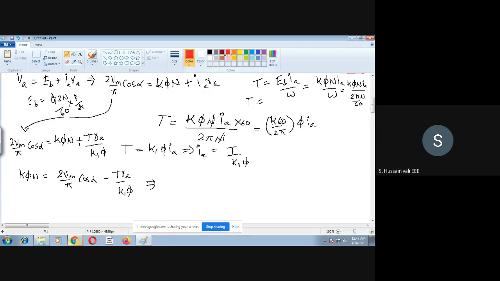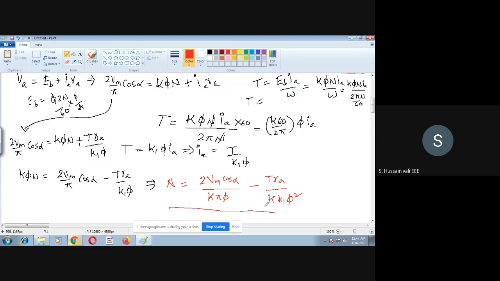So n is equal to Vm cos alpha by k pi phi, minus T into Ra by k k1 phi square. Yes, we got this expression.